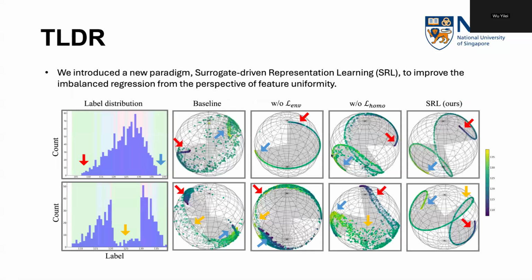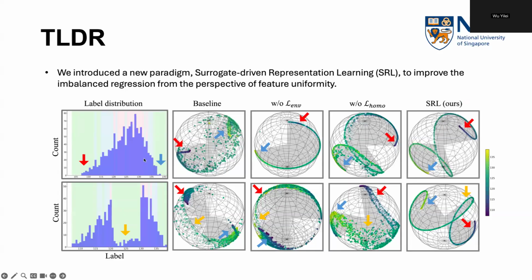In this work, we introduce surrogate-driven representation learning, or SRL, which improves imbalanced regression by enforcing feature uniformity. Through the statistical visualization, we examine the feature distribution under two imbalance scenarios, where the uniformity regions are pointed by the arrows.